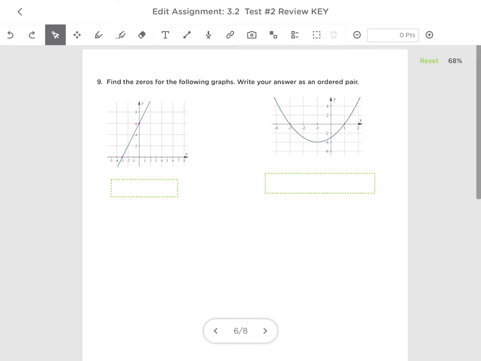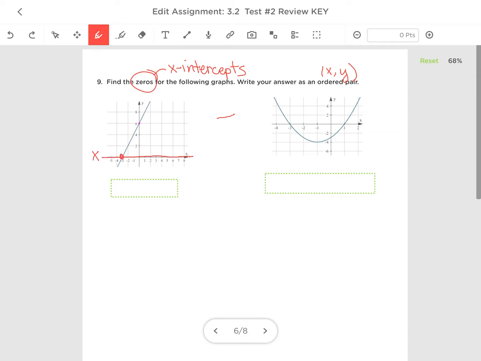Question number 9. Find the zeros of the following graph. Write your answers as an ordered pair. Remember, ordered pair means your points will be in the form of x comma y. So zeros, that's just another word for x-intercepts. Okay, so where does it cross the x-axis? So first we label our x-axis right here.